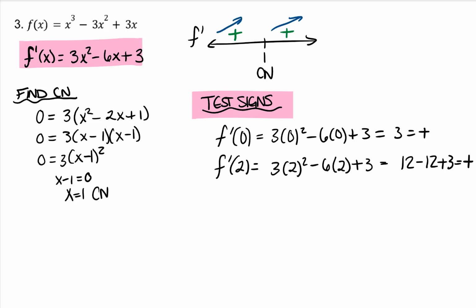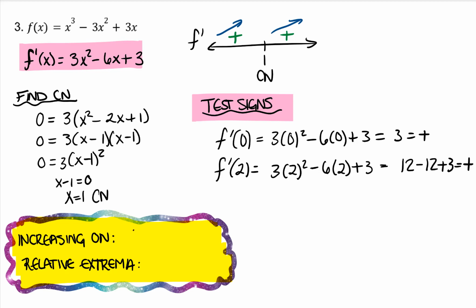In fact, f is increasing for -∞ to +∞. We do not need to break up our interval for this critical number because it's a critical number, not a domain restriction. We are increasing from -∞ to infinity. That means there are no relative extrema. Even though the derivative is equal to 0 at some point, it is not a relative max or min.